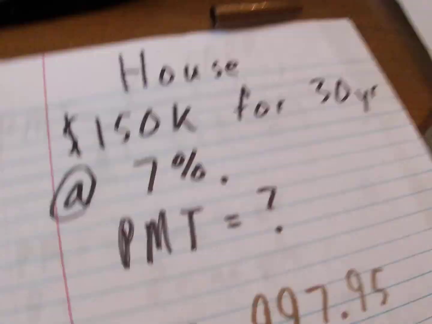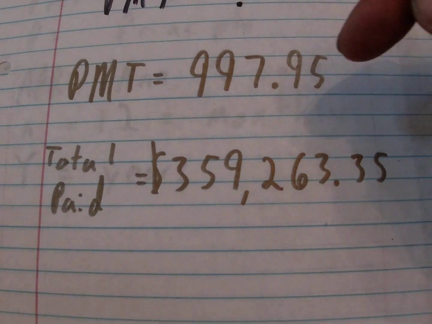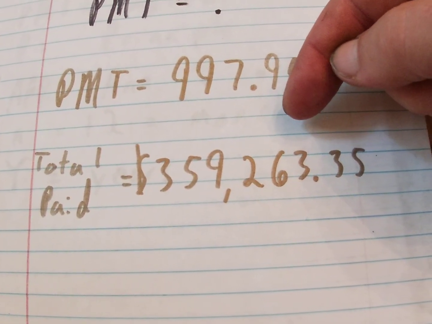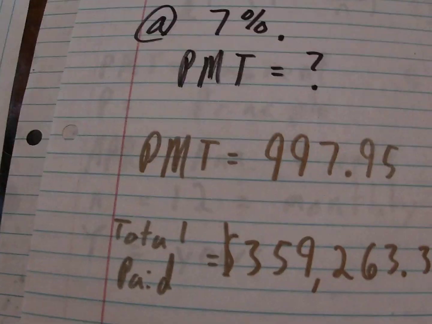That's the number of payments you're making. If you do all that, you'll notice that the total amount you paid was actually $359,262. Wow, that's a lot more.